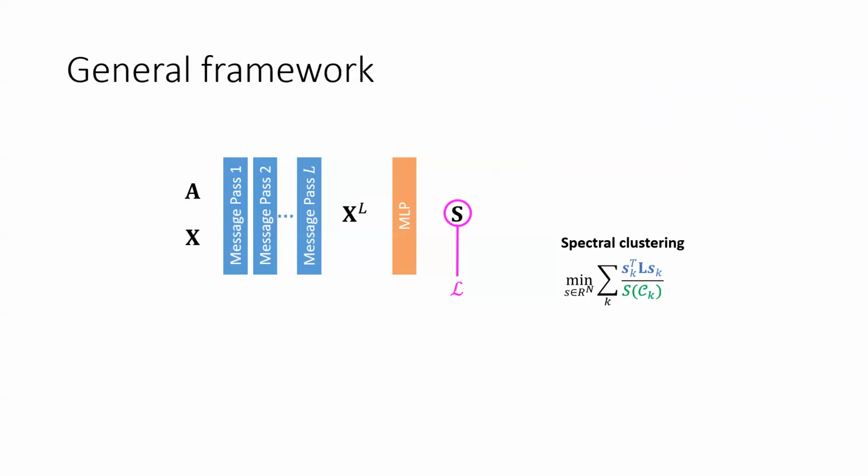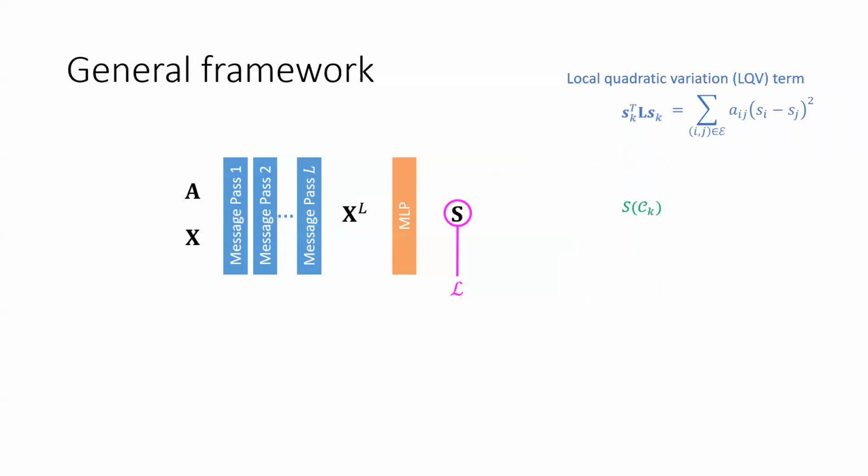Let's now take a closer look at the two terms in the loss function of spectral clustering. First, we have the numerator in blue, which measures the local quadratic variation of the cluster assignments. Basically, it measures how much nodes that are connected on the graph end up with the same soft cluster assignments.